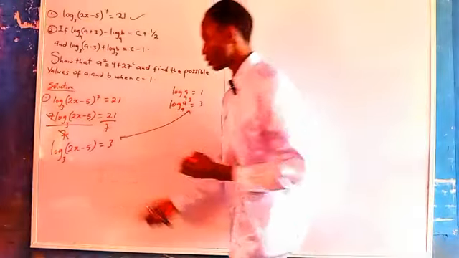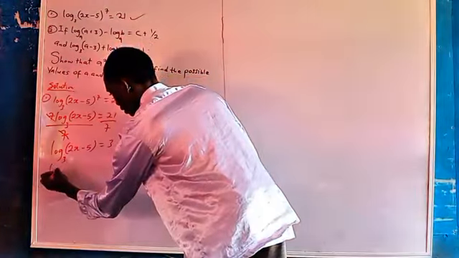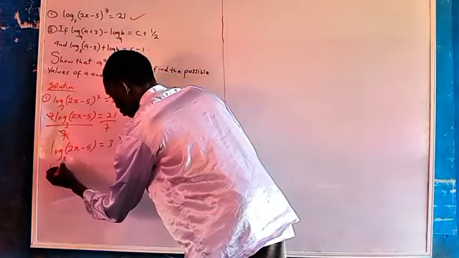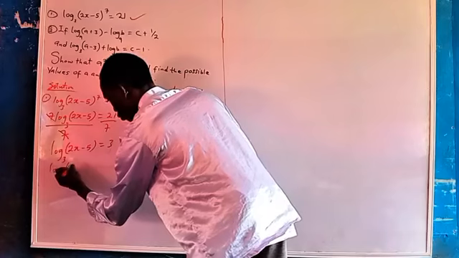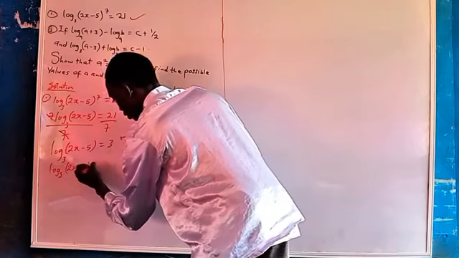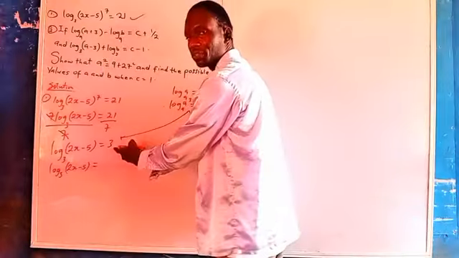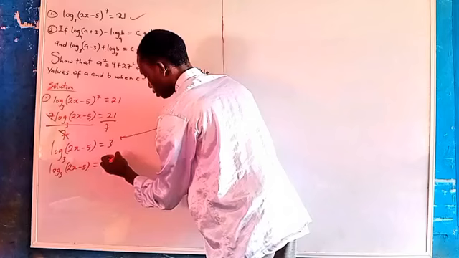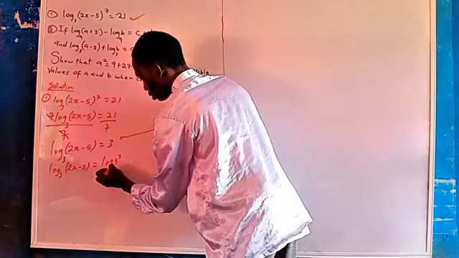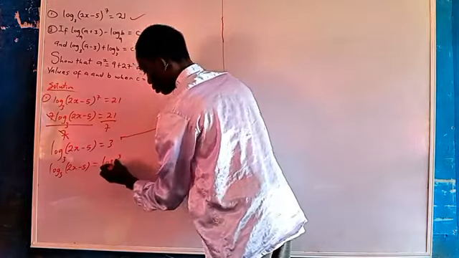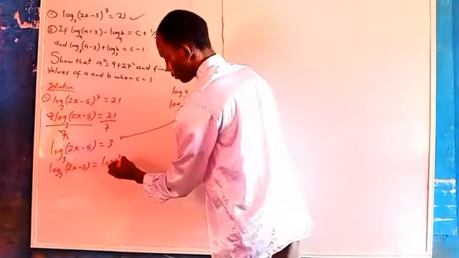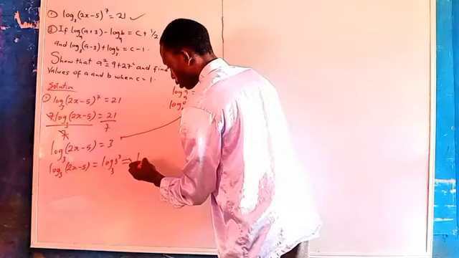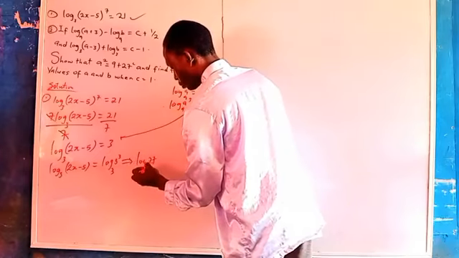Now that means I can turn this right hand side also into a log to base 3. So this will be log of (2x minus 5), base 3, equals, instead of having 3 now, log of 3 to the power of 3, base 3. And this is the same thing as log of 27, base 3.